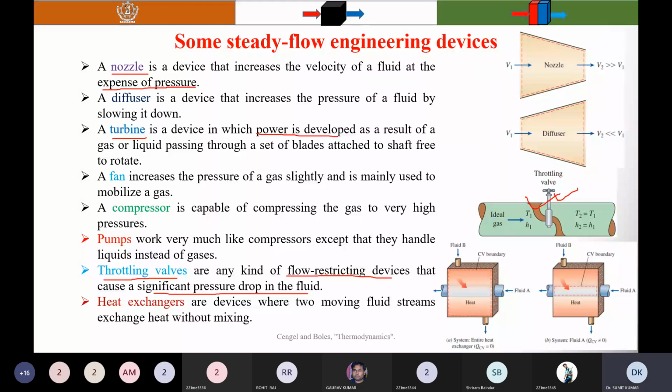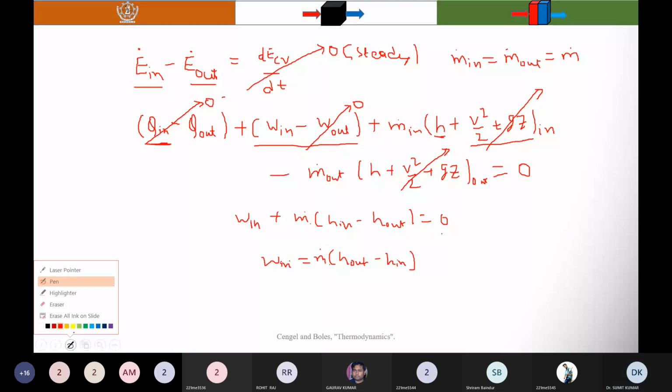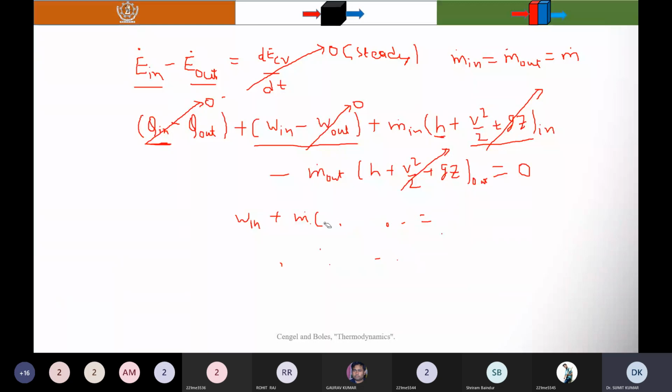Here in this case, you know that a throttling valve is a very small device. Often we assume it is adiabatic, since there is neither sufficient time nor large enough area for effective heat transfer to take place.